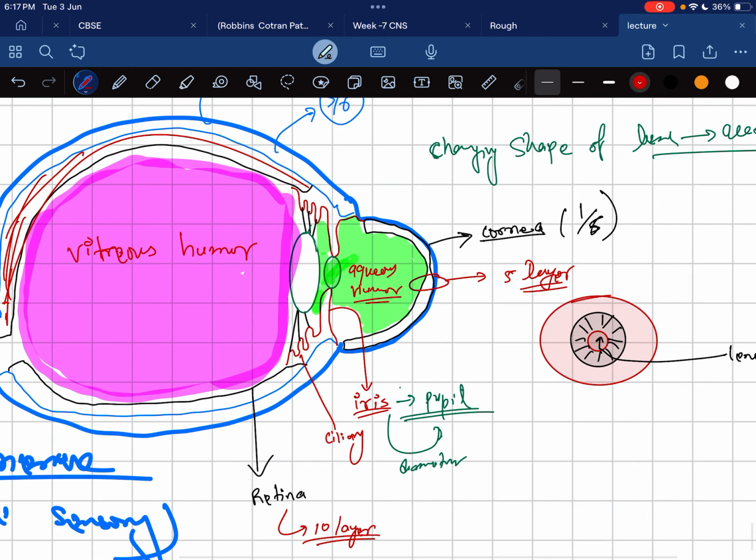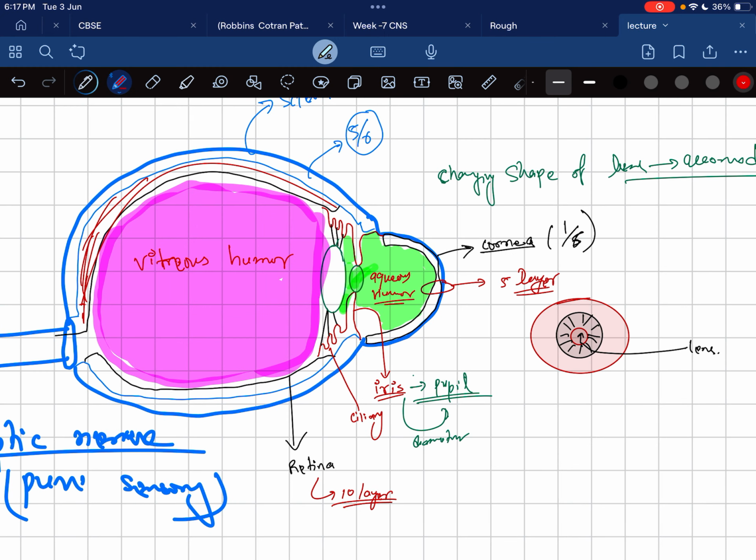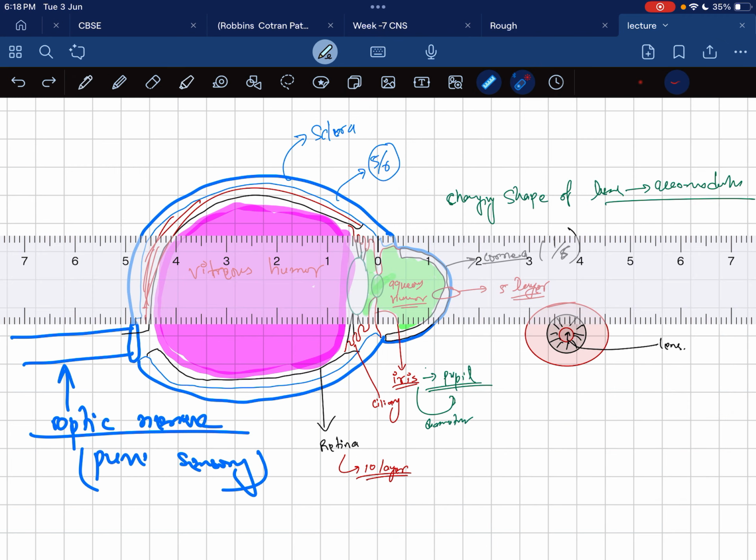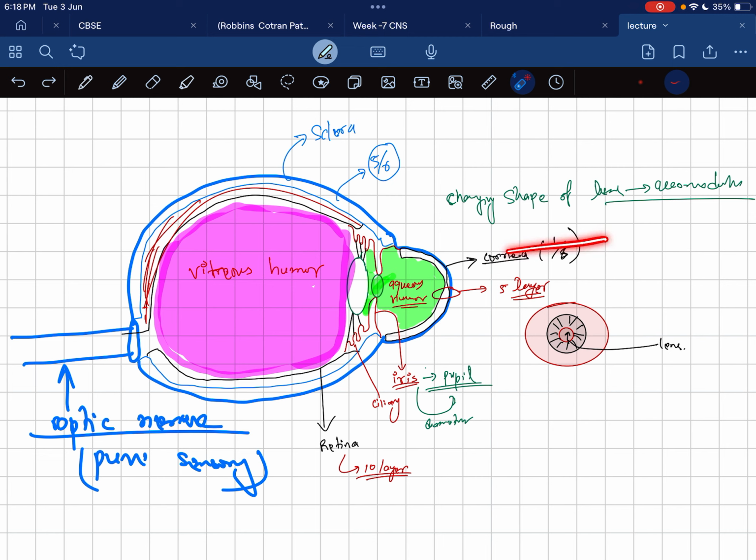When you look at any object, the rays pass and form an image on the retina.